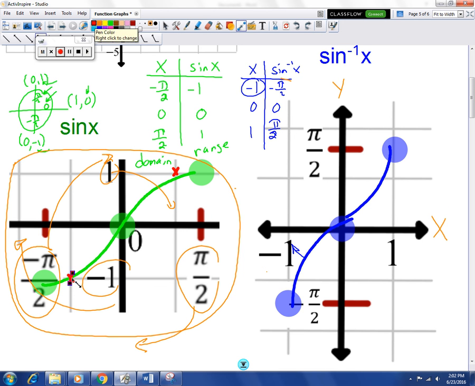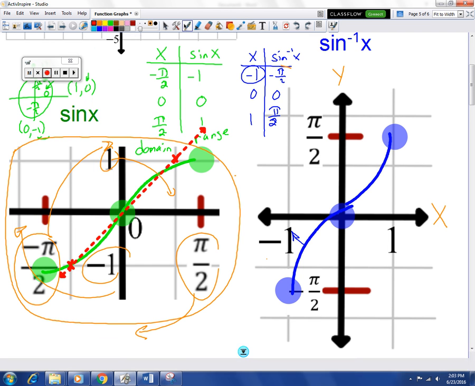Let's see, I'll do a red line. I'll make that dashed. Let me try one more time. Okay, that red line I just drew is y equals x. And if you look real carefully, see how the regular sine in green curves up like that?